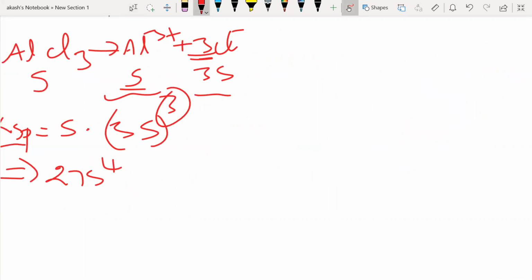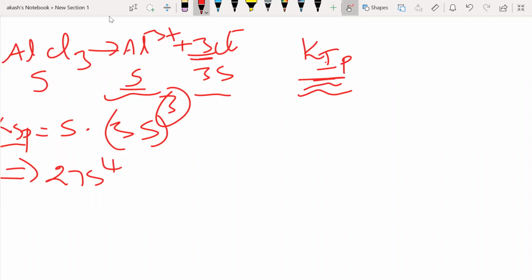Anyways, now if I talk about the ionic product, IP. Now this solution might or might not be saturated. Last time there was a constraint that for solubility we speak only about saturated solutions.